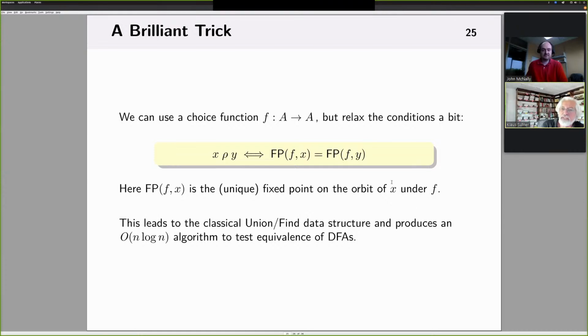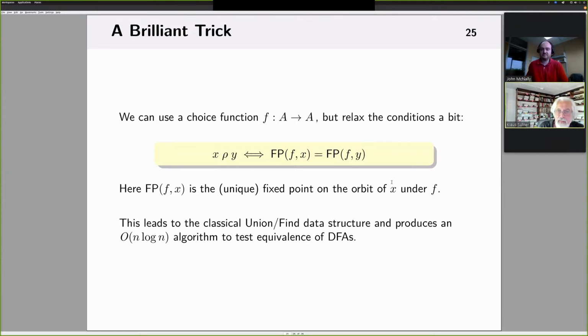And guess what? This is just the union find data structure. It's exactly what's being done to represent unions of disjoint sets. That's how you do it, and it flows very naturally from this original representation of equivalence relations as integer arrays. This is just repeated table lookup in an integer array. That's all it comes down to.